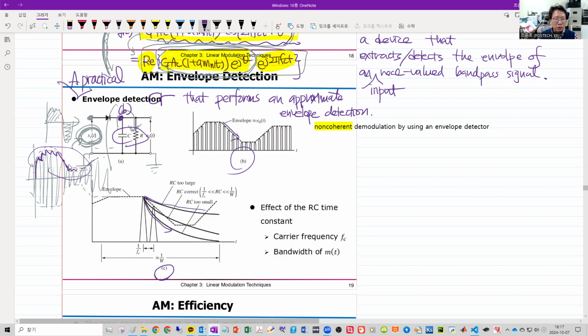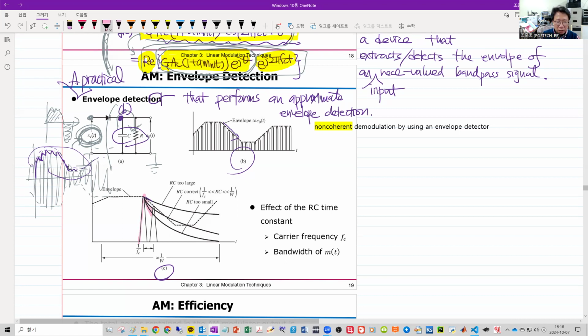So you need to choose the RC time constant carefully, but at least, let me draw it here. In this cycle, you have some not too much varying signal.